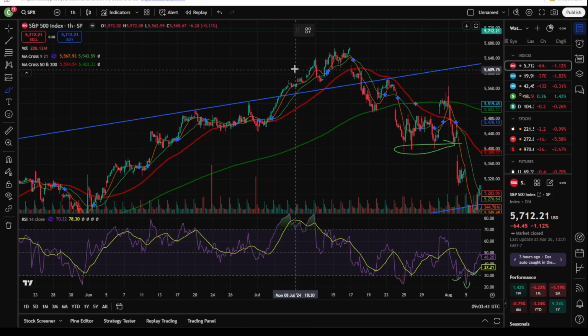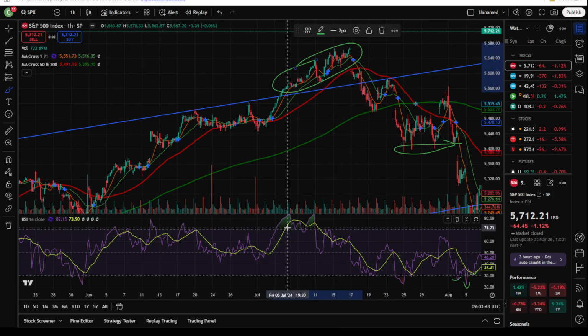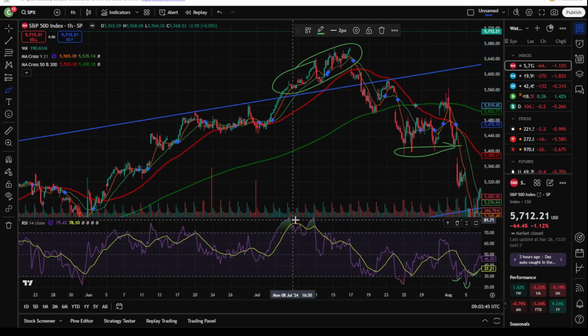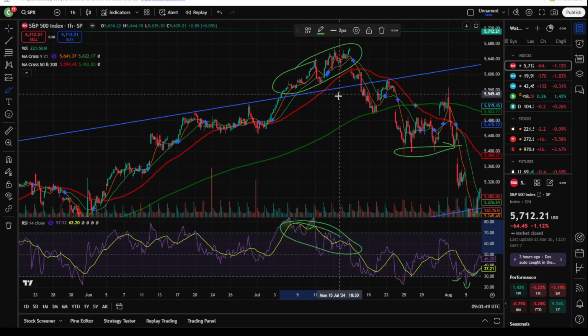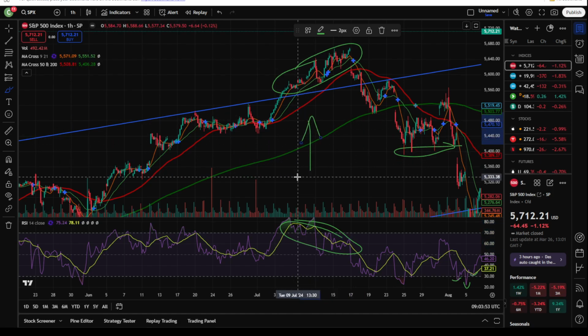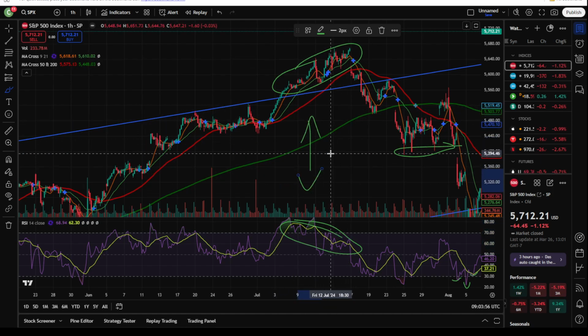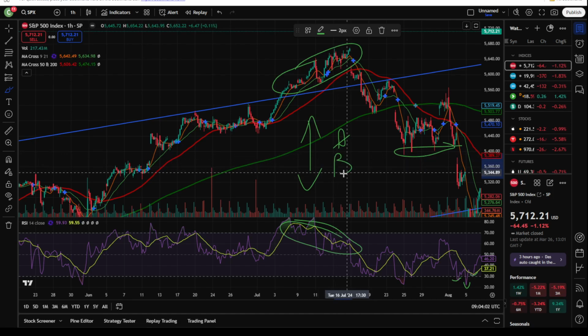So you could just basically draw this and draw that, right? And it's clear as day. Bearish divergence. Okay.